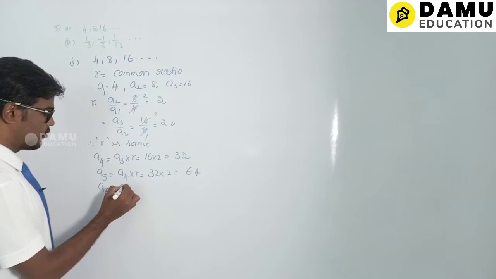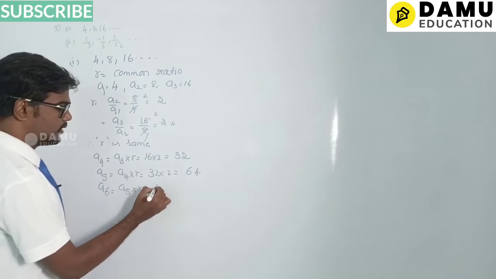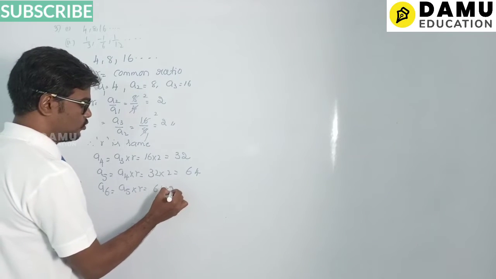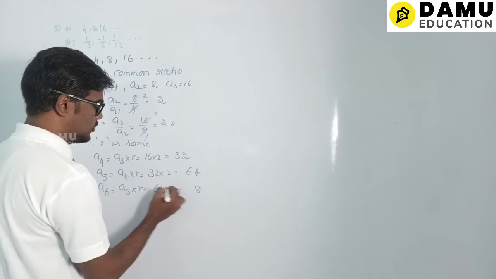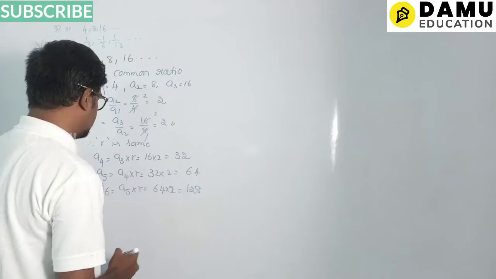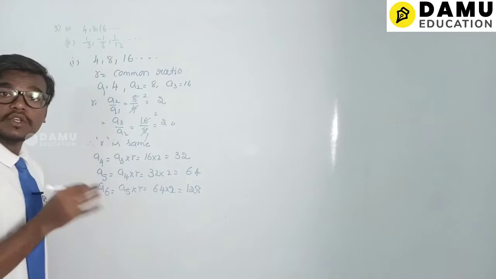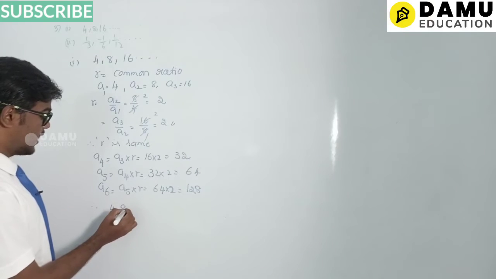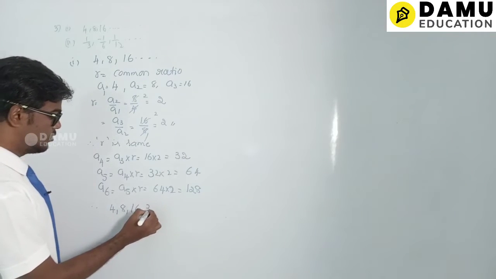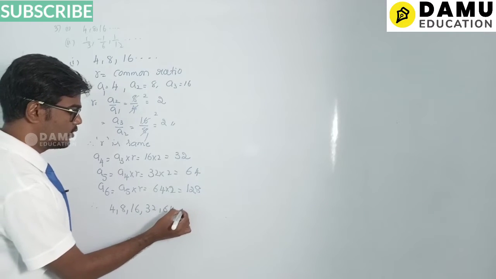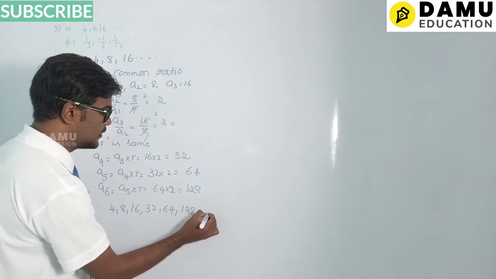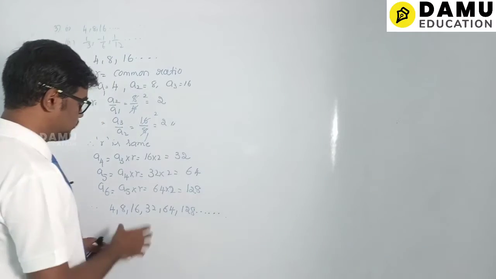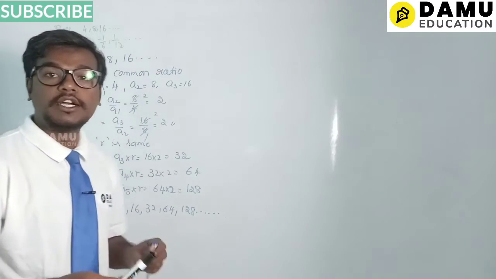Then A6 will be equal to A5 into R, that is 64 into 2. 2 fours are 8, 2 sixes are 12, that is 128. So we are calculating three more terms. What is the sequence here? Therefore 4, 8, 16, 32, 64 and 128 and so on. This is the series where we have calculated three more terms.